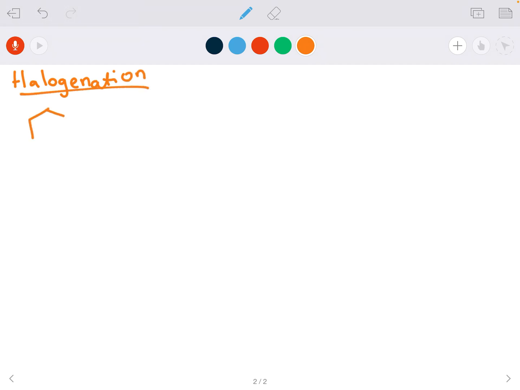If I react benzene with bromine and iron, I will get my product of the electrophilic aromatic substitution, which is a mono-substituted product. So I don't get two bromines added here, and I still keep my double bond. I'm substituting a hydrogen for a bromine.